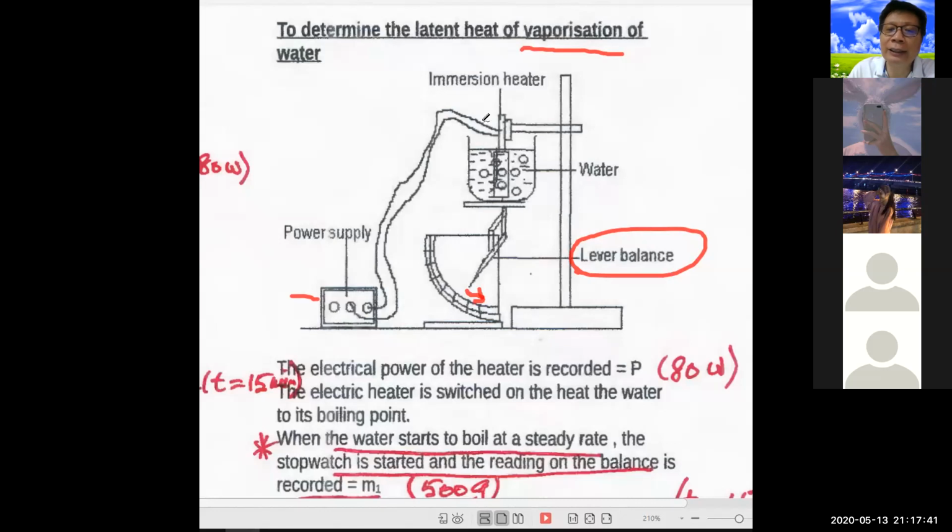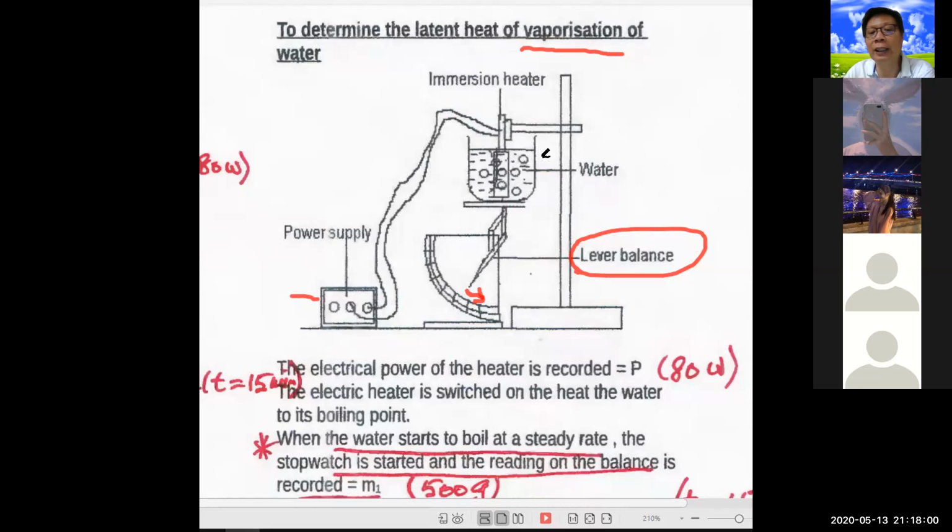When you see the vapor start to come out, it means it's already 100 degrees, and you can start the stopwatch. Then you let this water continue to boil for maybe another 15 minutes.